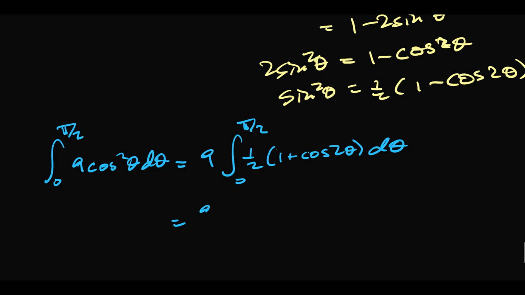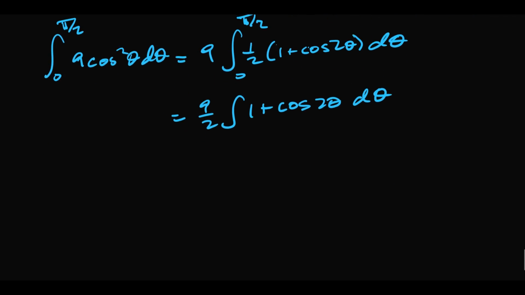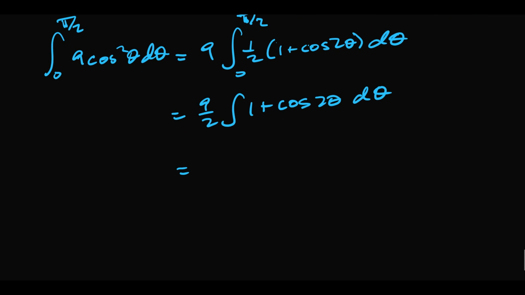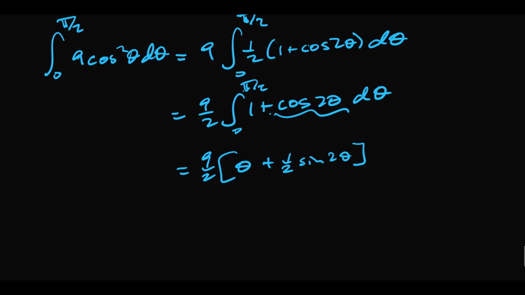Pull out the half, that makes it 9/2 times the integral of 1 plus cosine of 2 theta d theta. And now this is just normal integration. So this is 9/2, and then theta plus the integral of cosine of 2 theta, which is 1/2 sine of 2 theta, from 0 to pi over 2, and then you finish it from there.